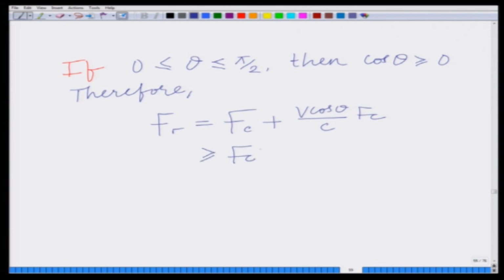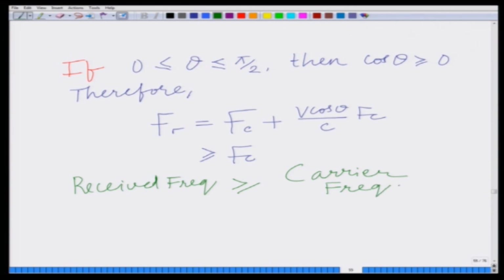Therefore, the received frequency is, what does this mean? This means that the received frequency is greater than or equal to the carrier frequency. And when does this occur?